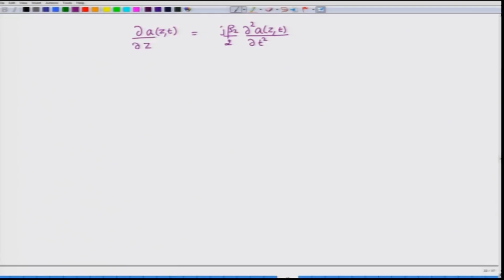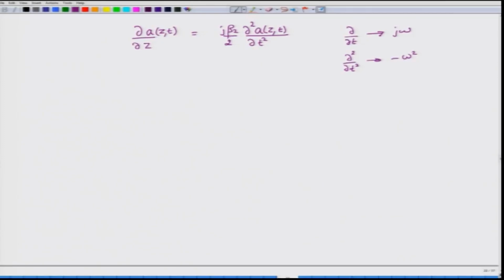Why did I write del square by del t square? Because in the Fourier transform, del by del t corresponds to multiplication by j omega, and therefore del square by del t square corresponds to minus omega square. Because there was a minus omega square in the previous expression, I replaced it with the operator del square by del t square.